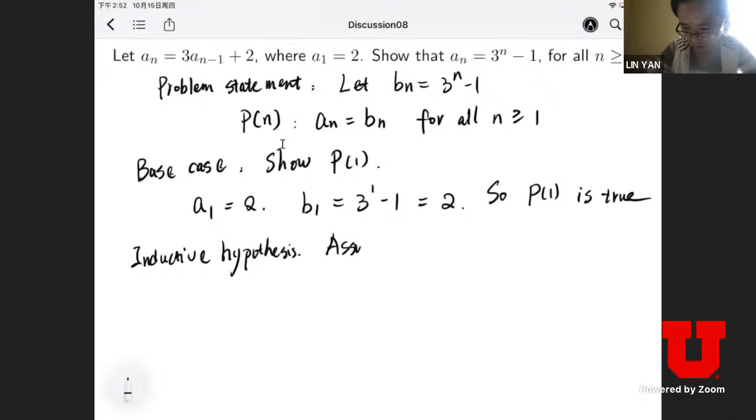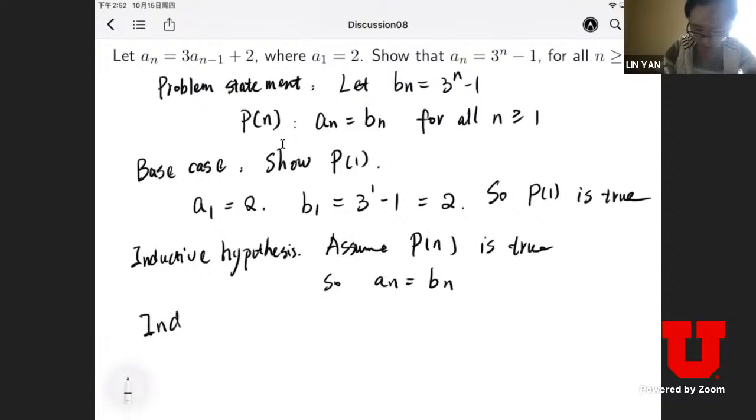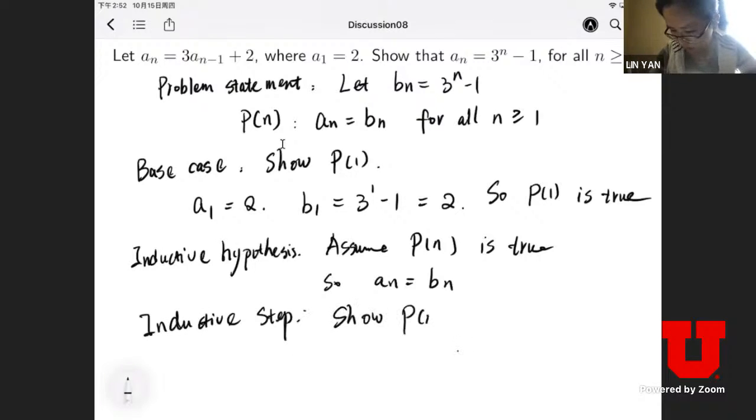We assume Pn is true, so An is equal to Bn. Then inductive step. Show Pn plus 1, assuming Pn is true.